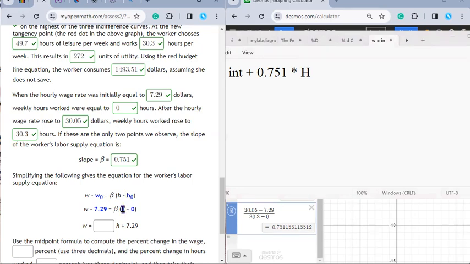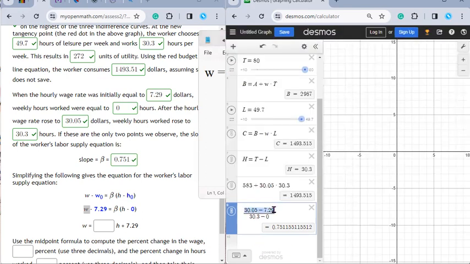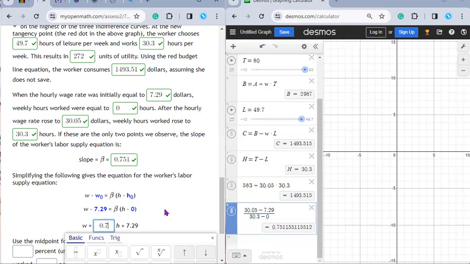We're going to let this H be free and this wage be free. The slope of our line here, the change in wages over the change in hours worked, is the slope of our labor supply equation. And the slope of the labor supply equation, the beta, is 0.751.